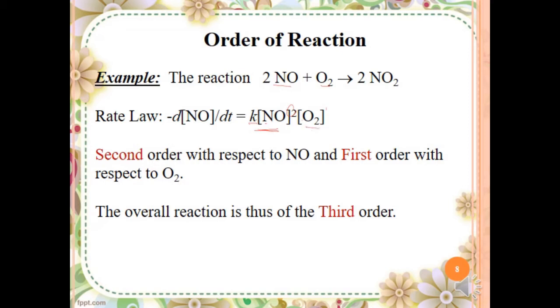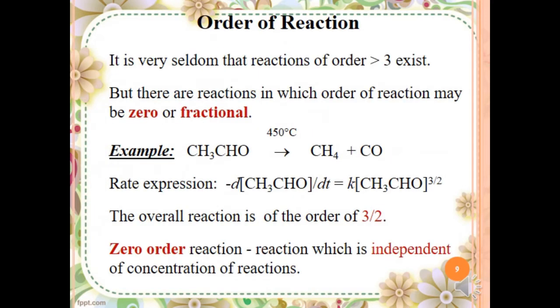So the overall order is third order. Very seldom do reactions of more than third order exist. But there are orders of reaction that exist as fractions or even zero order.